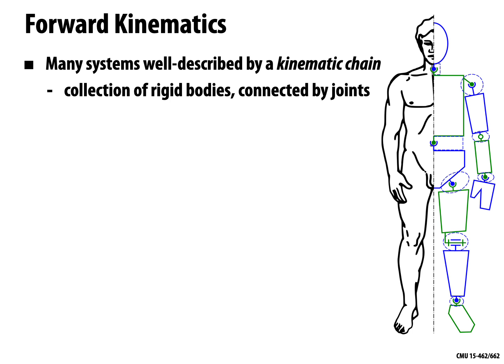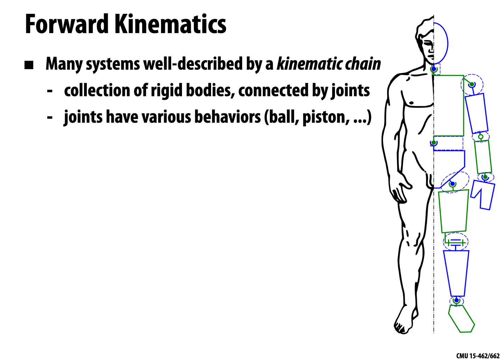I could think of the body as being somewhat like this. I have different pieces of my arm or different pieces of my leg, and they're connected by joints. And these joints have various behaviors. They might freely rotate like a ball. They might move in and out like a piston. They might rotate only around one axis.